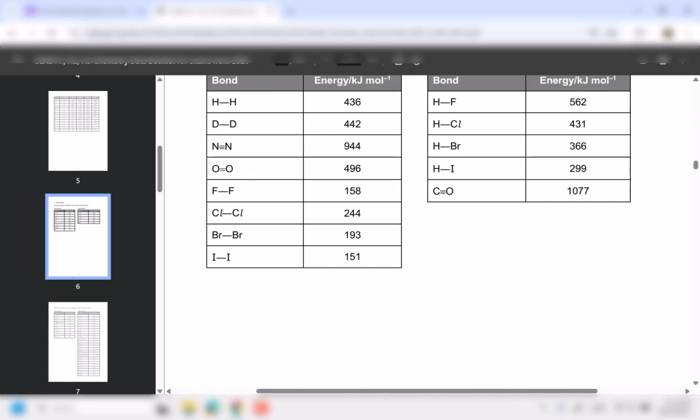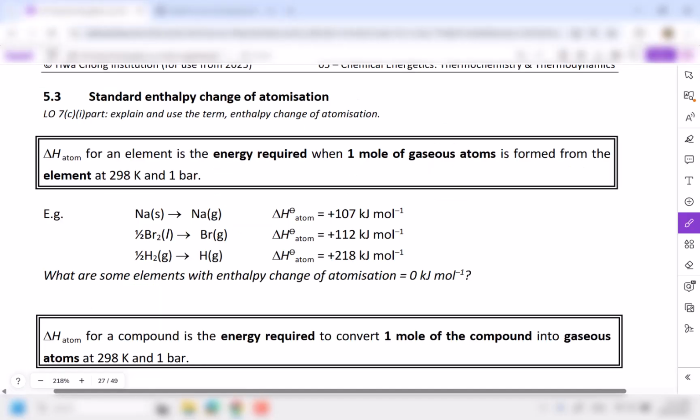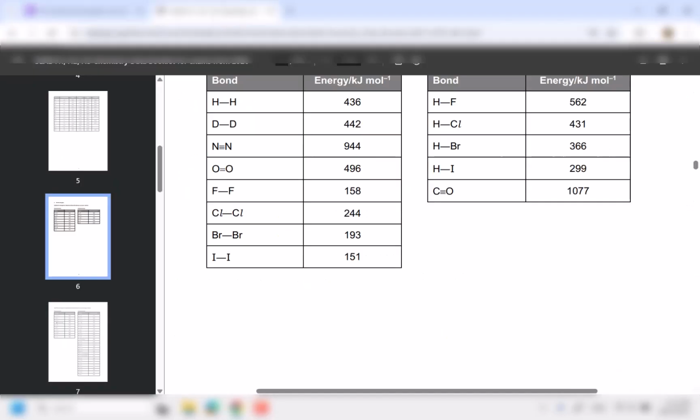Half of 436 is about 218. It's 218 actually. So is it true that therefore for diatomics, enthalpy change of atomization is half of the bond energy? Well, I mean, it need not always be the case.